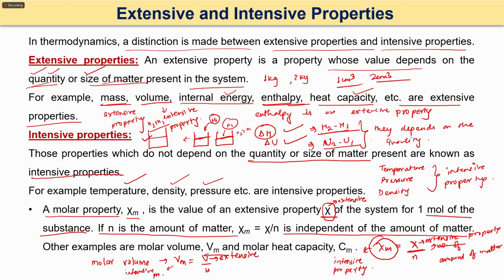Similarly, heat capacity was an extensive property, but if we take molar heat capacity, then it becomes an intensive property. So this is what you should remember: if we take the molar value of an extensive property, it becomes an intensive property.